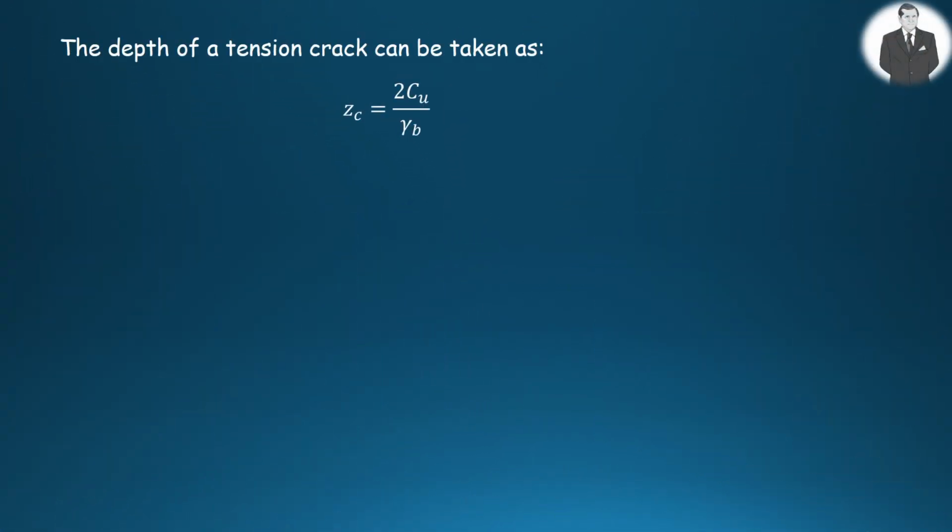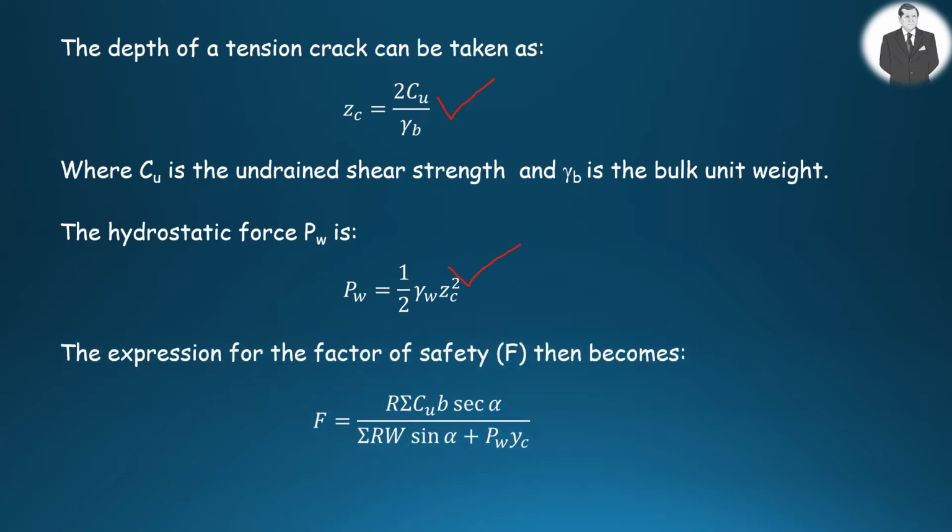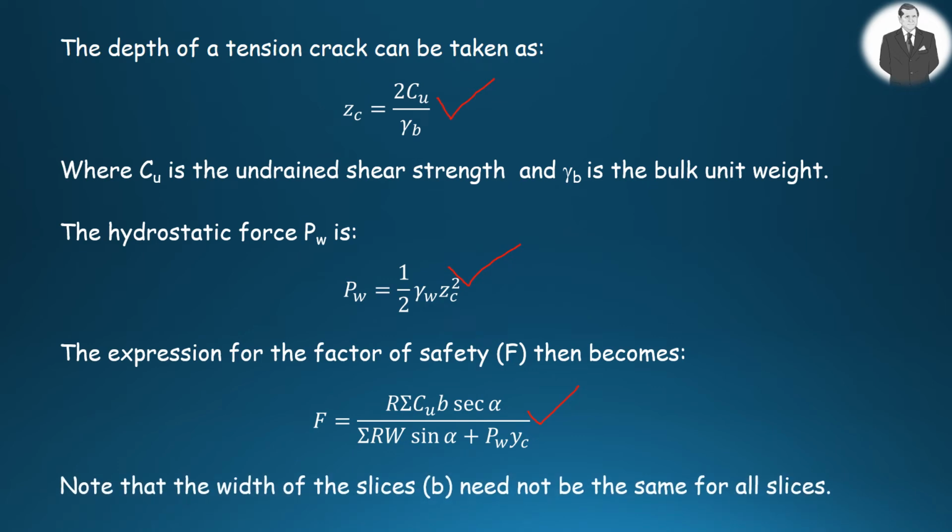The depth of a tension crack can be calculated by the expression given here, where C sub u is the undrained shear strength and gamma sub b is the bulk unit weight of soil. The hydrostatic force is obtained from the expression provided here. The expression for the factor of safety can then be rearranged in the form presented here. It is important to note that the width of the slices does not need to be the same for all slices.